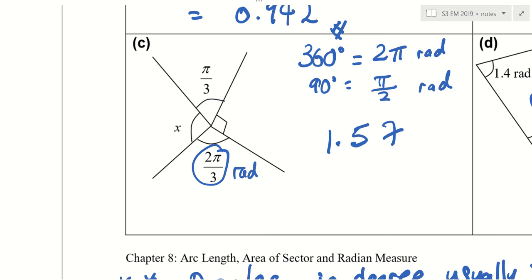You try pi over 3 on the calculator, tell you what? 1.04. How can it be 1.04 degree? Very small, right? It's as good as one line, right? So now you understand what I'm trying to tell you. You sure? Okay, good. Then let's go on to the next one.